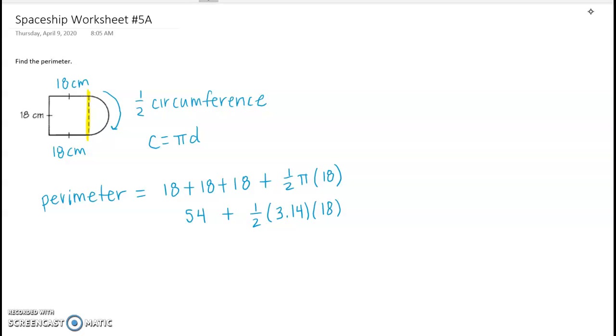Plugging this into the calculator, I'm getting 82, I'm rounding this, 82.3 centimeters for our answer here.